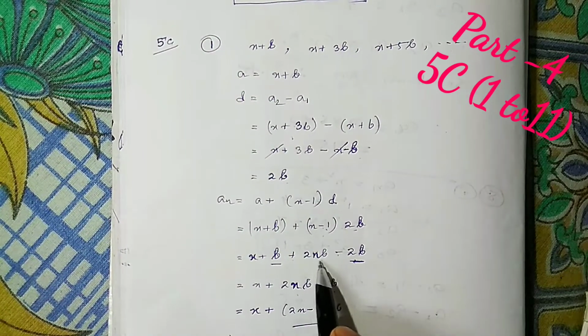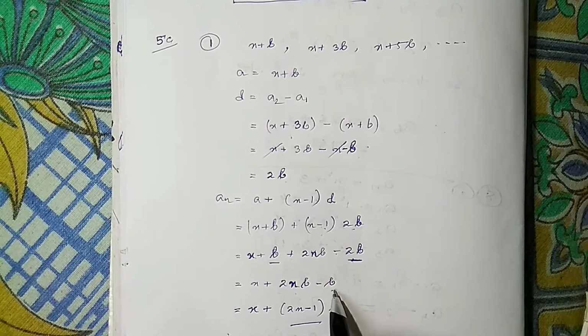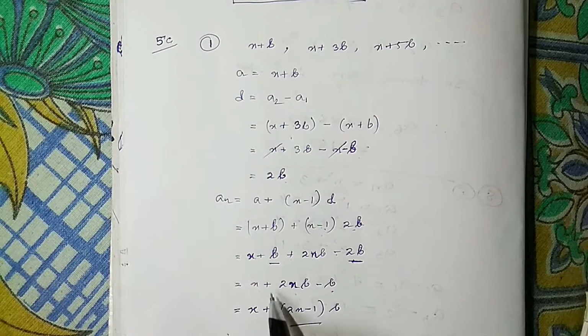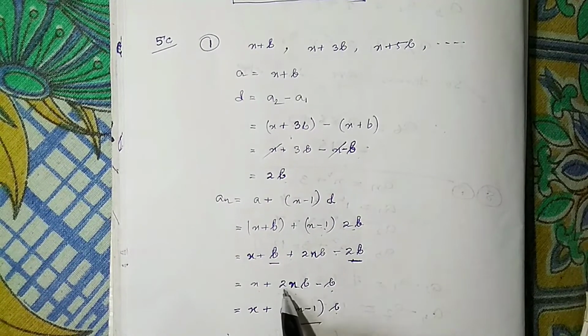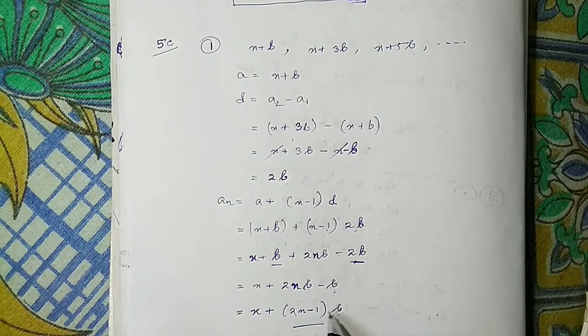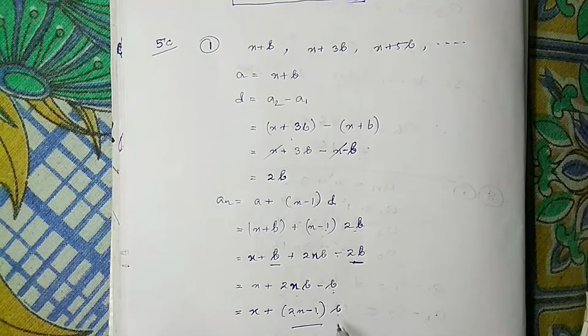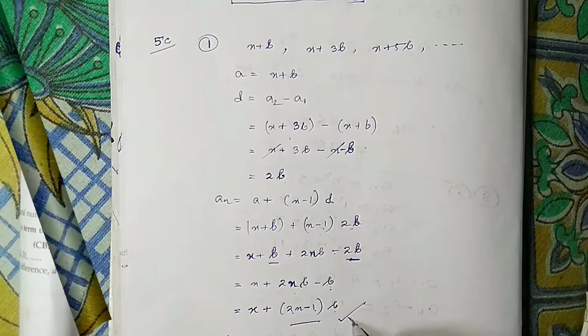Now x plus 2nb, and here b minus twice b will be minus b. Now from these two terms I can take b common. So we are left with twice n from this part, and from this part, since I have taken b common, we are left with 1. Further simplification is not possible, so this is our nth term.